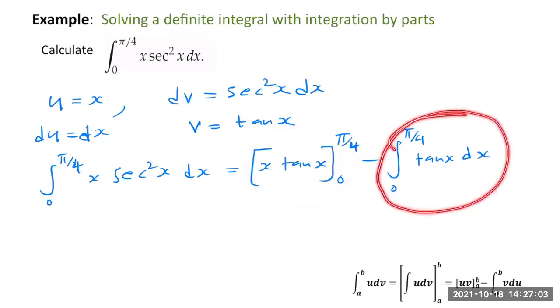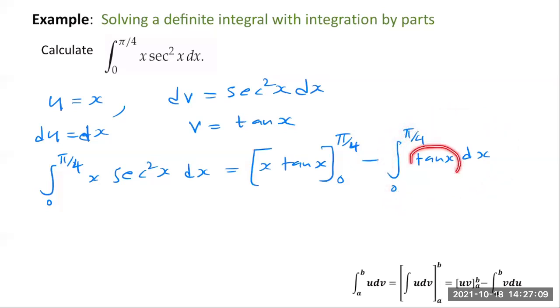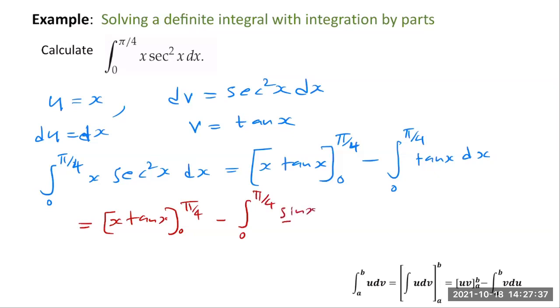Now you need to somehow find a way to integrate this one. Notice that tan x is sine x divided by cosine x. Let me focus on that integral. You have here x times tan x from 0 to pi over 4, minus the integration 0 to pi over 4 of sine x divided by cosine x dx.